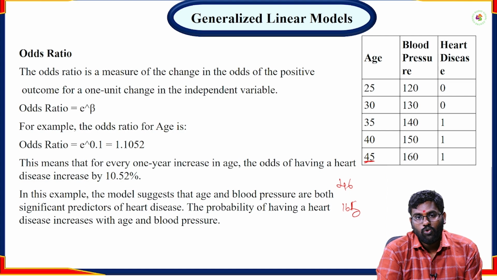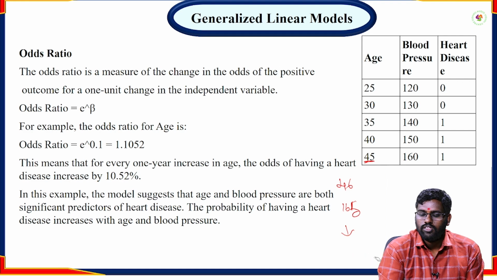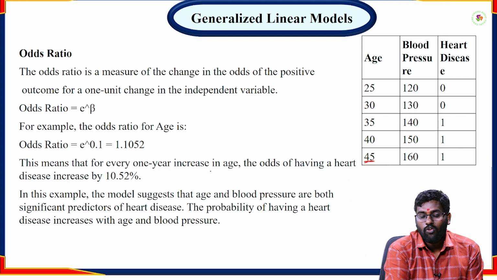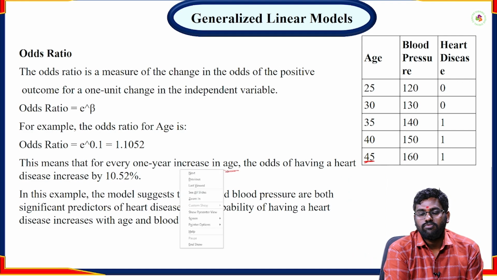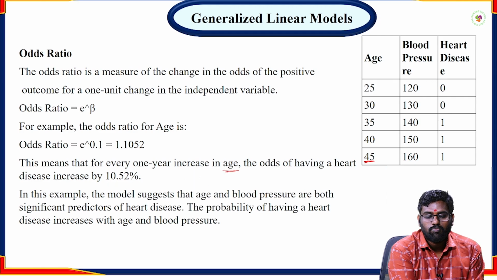We don't know whether, as we increase the age and the blood pressure, they will get heart disease or not. We need to identify that. If they get it, the value is 1. If they do not get it, the value is 0. Now based on this, for every 1 year increase of age, the heart disease odds increase by 10.52%.